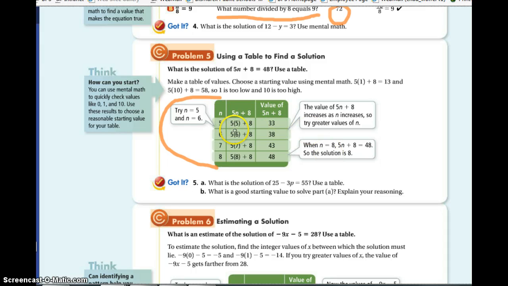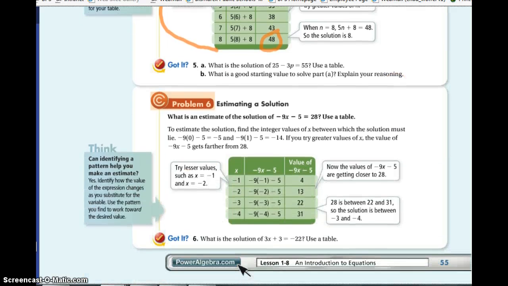But just pick some numbers, plug them in, and work it out until you finally get this equation to work out. Eventually I will hopefully get to the point where I figure out what the answer is. And that's what they did down here as well. They just guessed a bunch of numbers. Here they ended up using negative numbers.